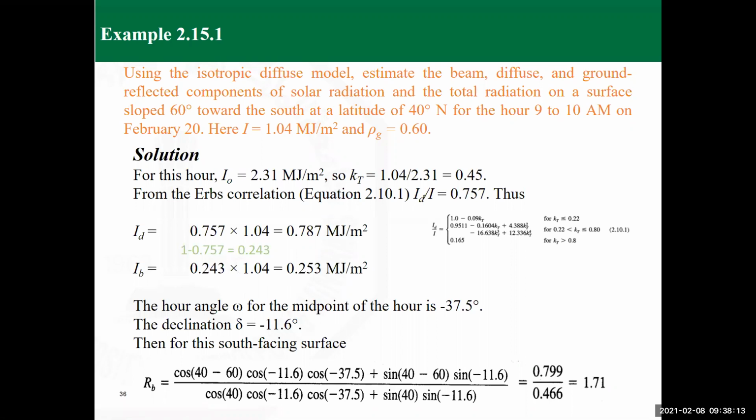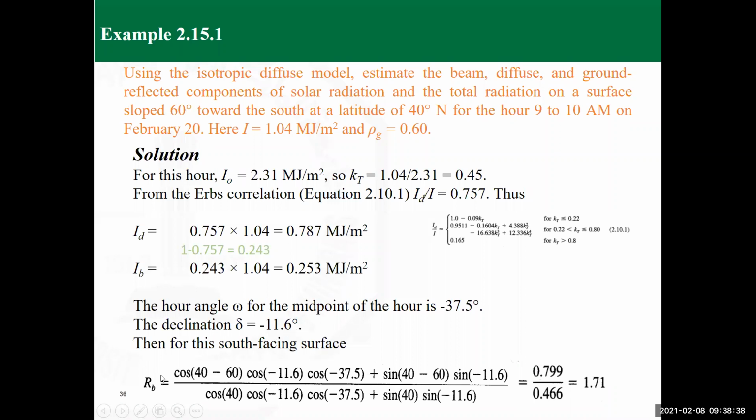Now the hour angle, omega. We're talking about 9:30 in the morning. So we substitute for omega, which is 15 times the solar hour, or solar time, minus 12. You get a value of minus 37.5. Delta, the declination angle, which is a function of n, the number of the day in the year, has been calculated as minus 16.4.